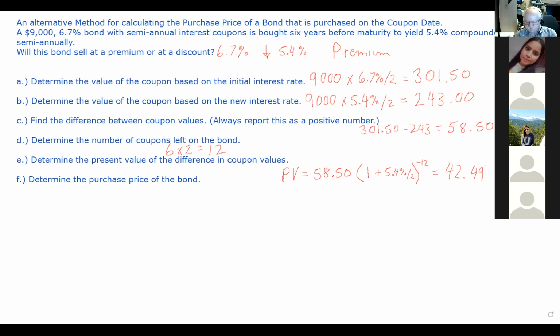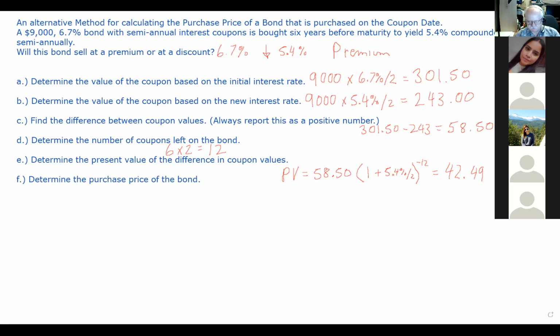Let's see, 5.4% divided by 2 plus 1, y to the x, 12, negative, equals that, times 58.5. But that number doesn't help me very much.